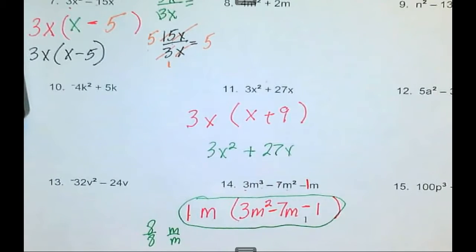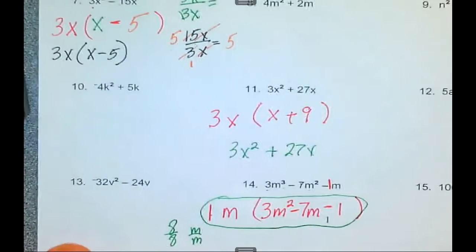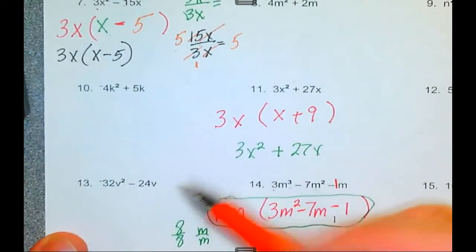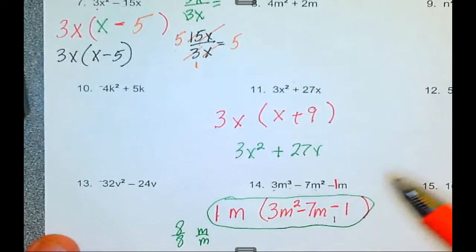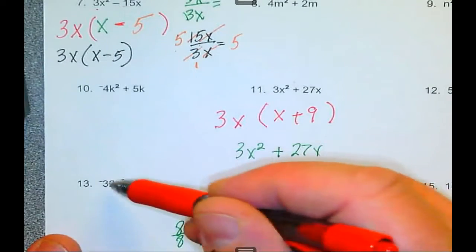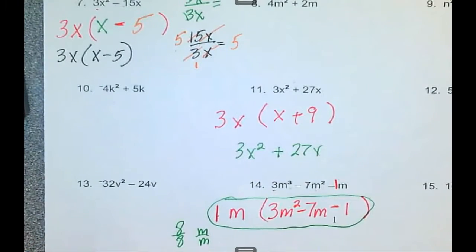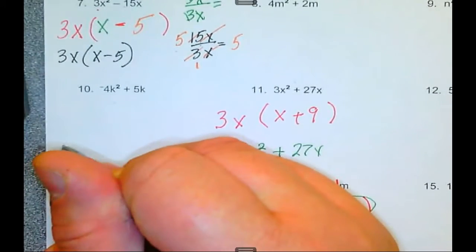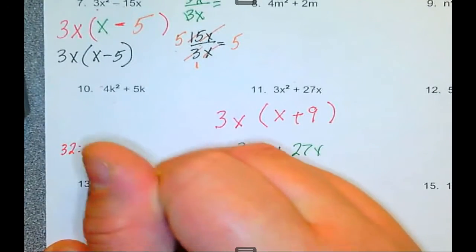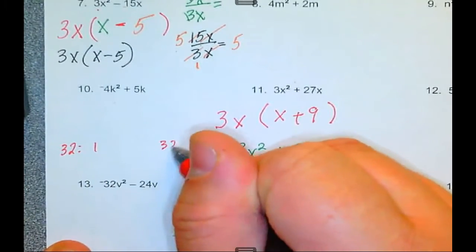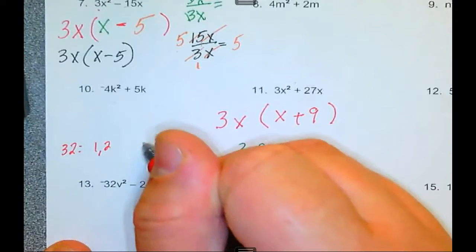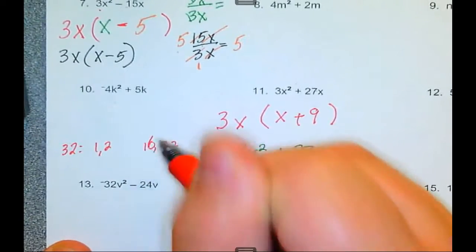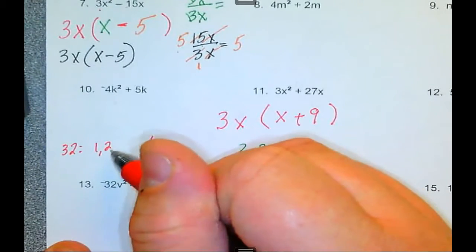How about 13? Right next to it. Let's look at the numbers. What can I take out of both 32 and 24? The highest. You might have to do your factor thing. 32: 1 and 32, 2 and 16, 3, 4, and 8.